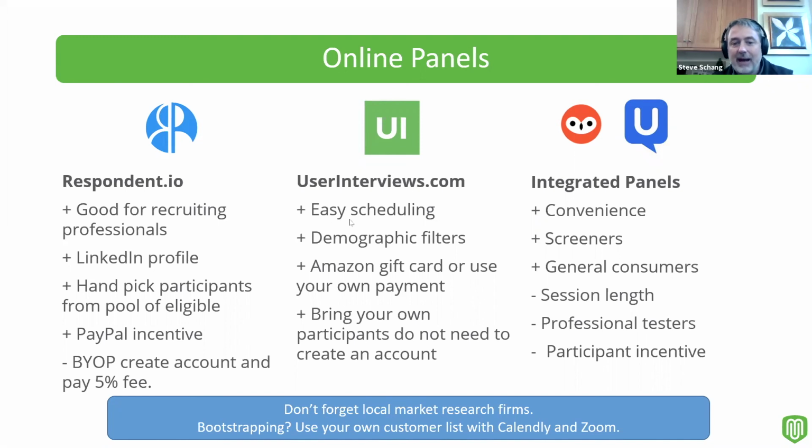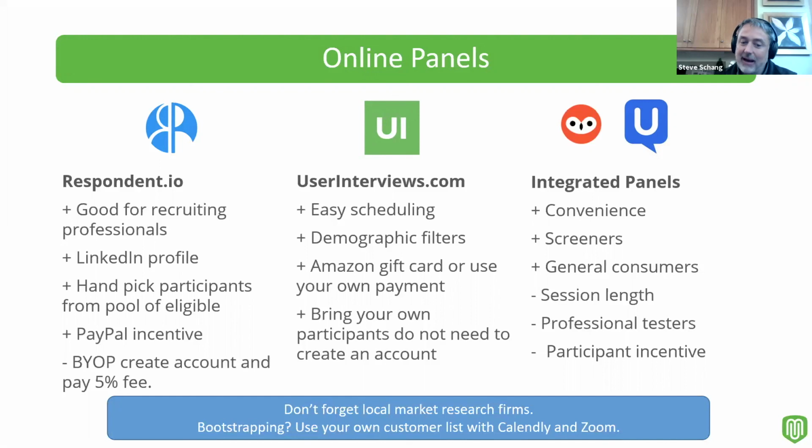And I found that both these platforms integrate with Outlook and Google Calendar, so they can deconflict your own calendars if you already have meetings on them. User Interviews has a great demographic data filter. If you're using their panel, they've got like 10 different categories of criteria to select from.